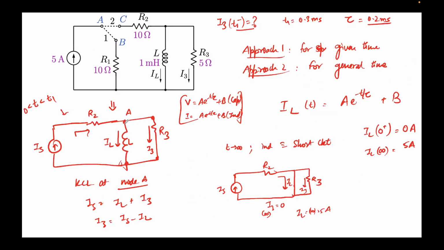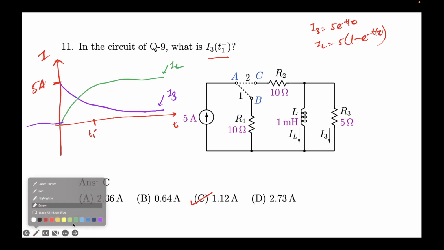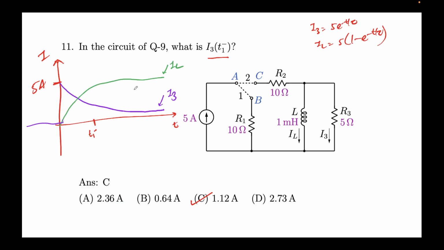So I'll summarize this problem. We are required to find the value of I3 at time t1 minus. I'll also mark t1 minus in this. t1 minus is somewhere here. This is time t equal to 0, and this is time t1 minus. Before this time, both of the currents were 0, before time t equal to 0.